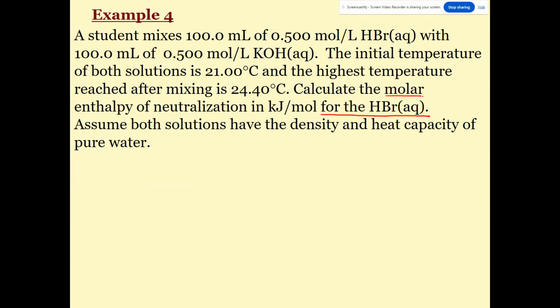That's important. We have two reacting substances. Whenever you're looking for molar enthalpy, it can be for either substance. So you have to read the question very carefully to see which substance it wants you to find the molar enthalpy of.